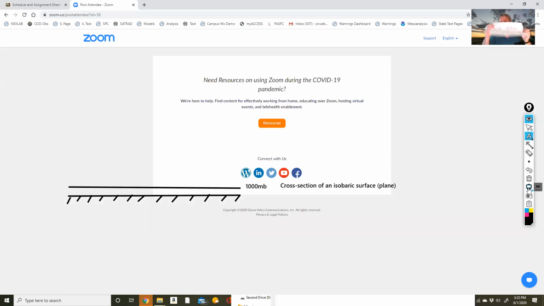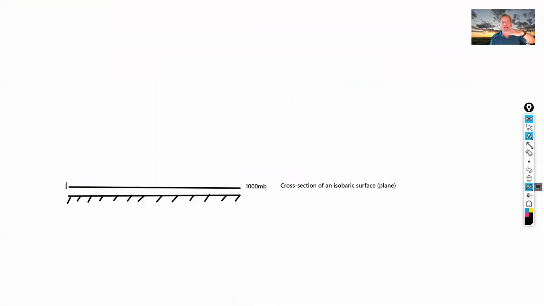If I turn it on its side, do you see that you're really only seeing the edge of that plane? And that's what this line is all about. You are seeing the edge of a plane that goes parallel to the ground.